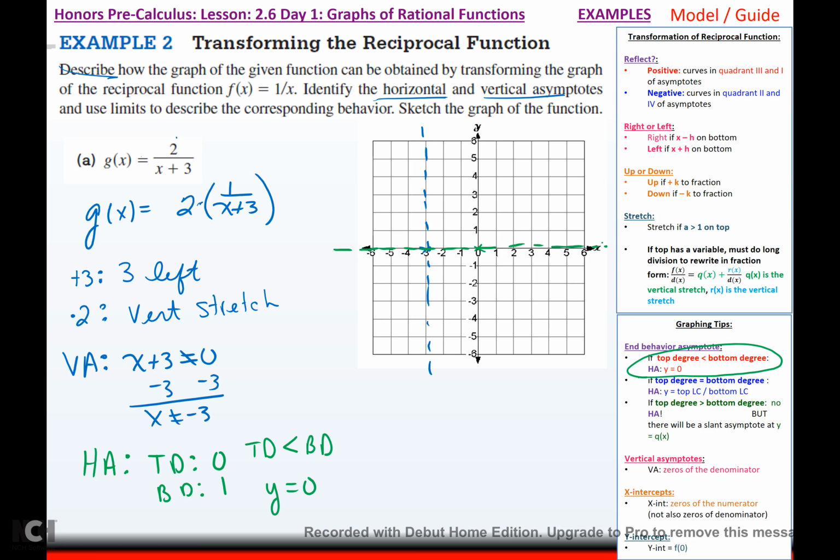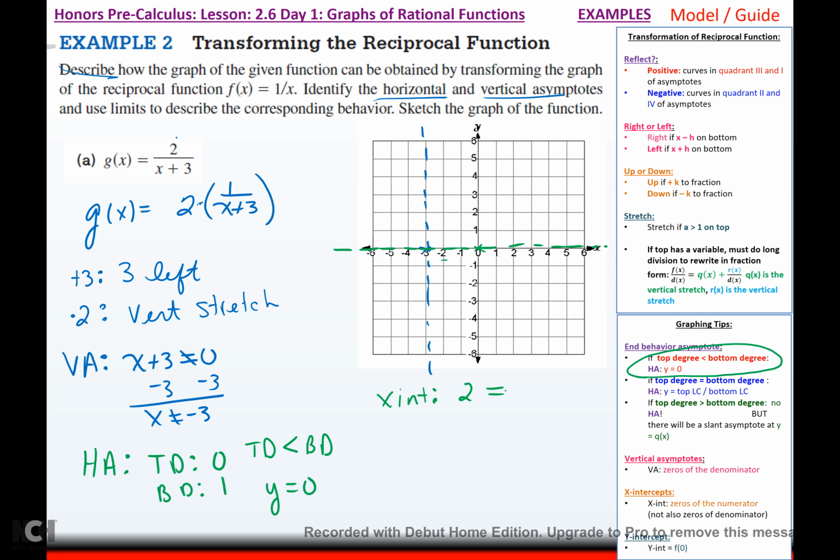Okay, so now what they want us to do is pick several ordered pairs around your asymptotes. So what I would do if I was totally doing this by hand is I would maybe plug in negative 2, we could get the X-Intercepts and the Y-Intercepts. To get the X-Intercepts, you set the numerator equal to 0.